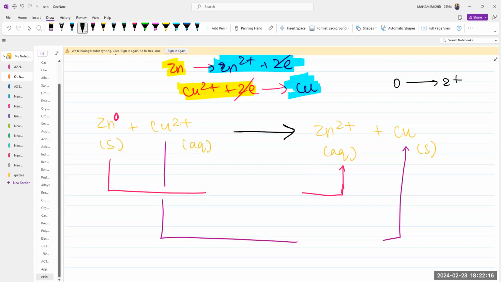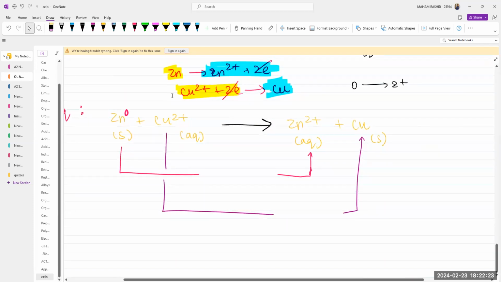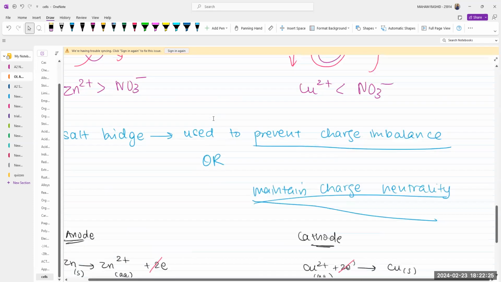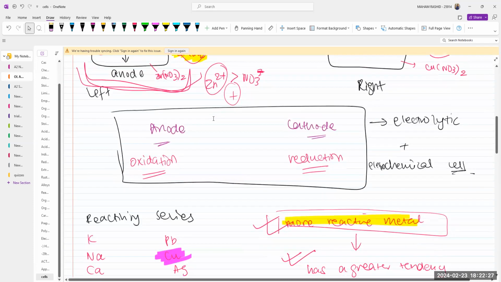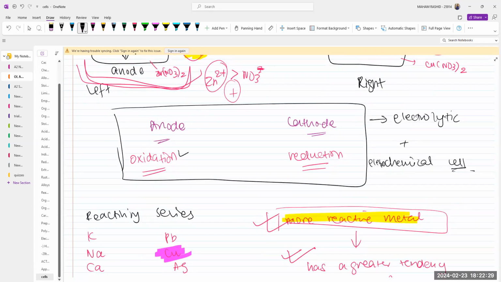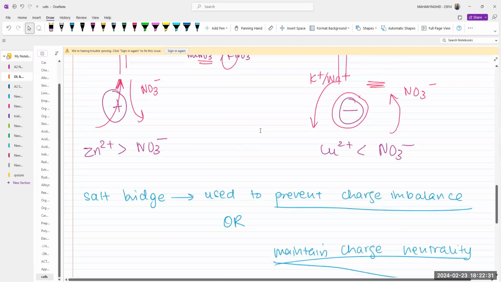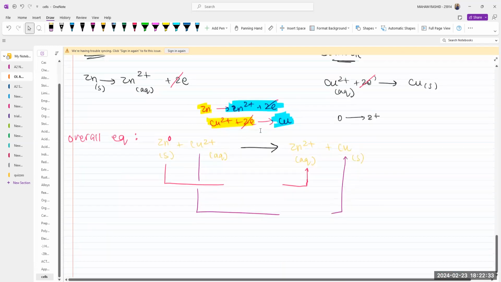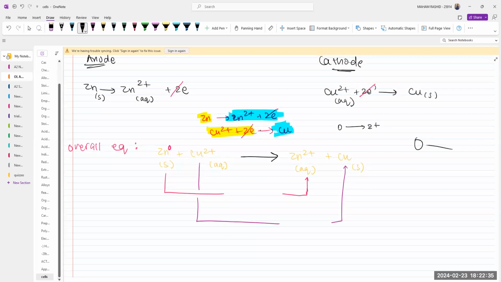You can remember it this way: zinc is at the anode, and at the anode, what takes place? Oxidation, right? And oxidation is always an increase in oxidation number. So 0 going to plus 2, we've added 2 to go to plus 2, right?